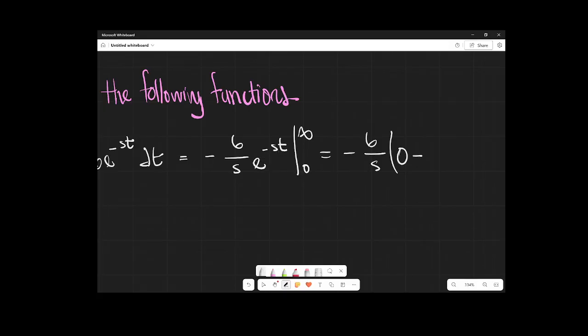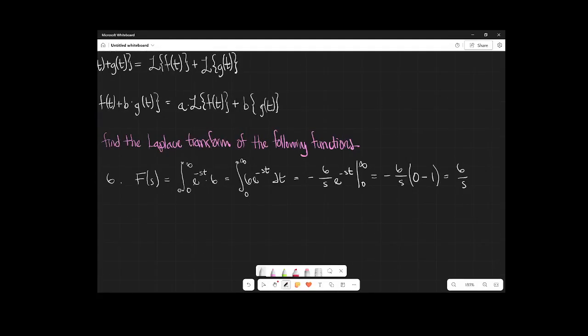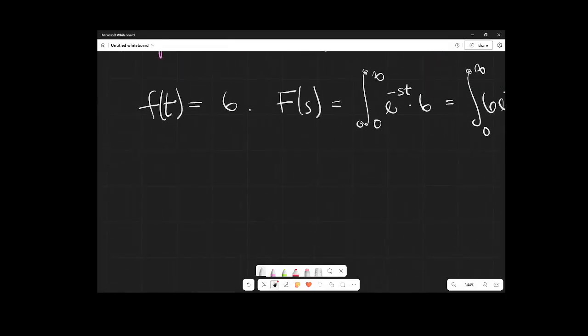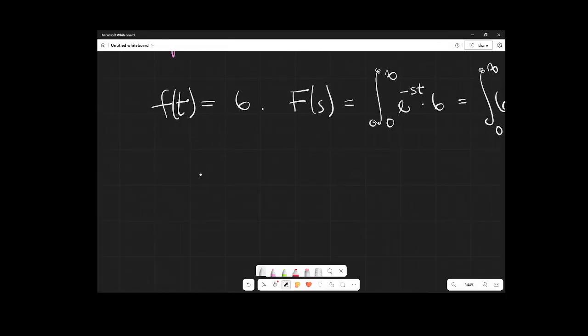This turns out to be 1, right? So in these parentheses, we have 0 minus 1, and that's going to end up giving us 6 over s. And so therefore, the Laplace transform of the function f of t equals 6 is 6 over s.